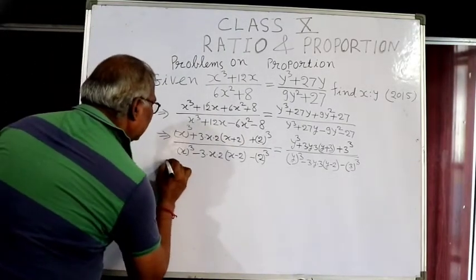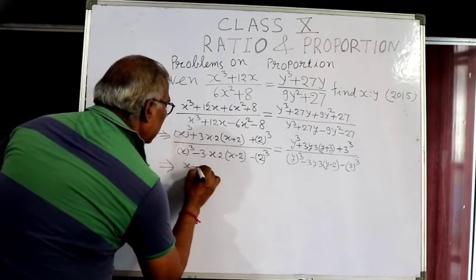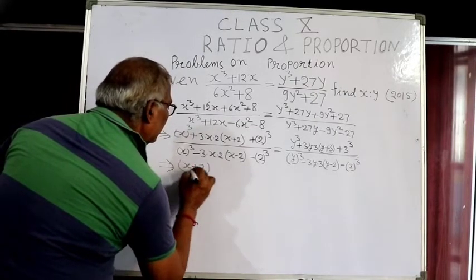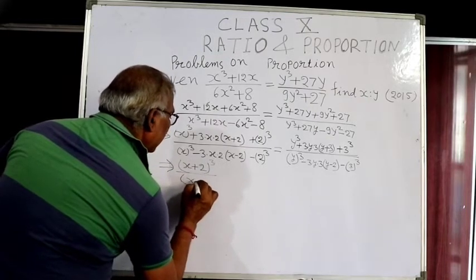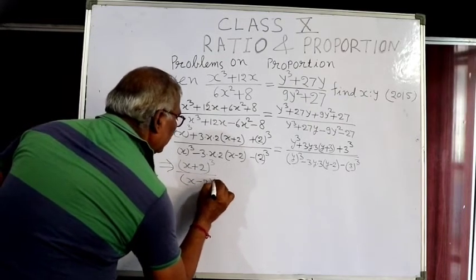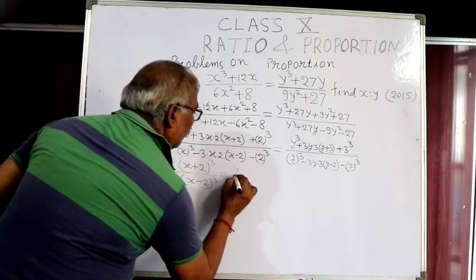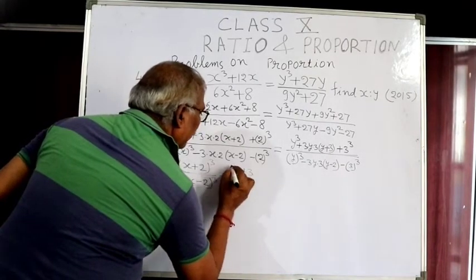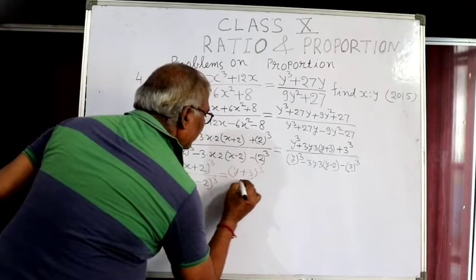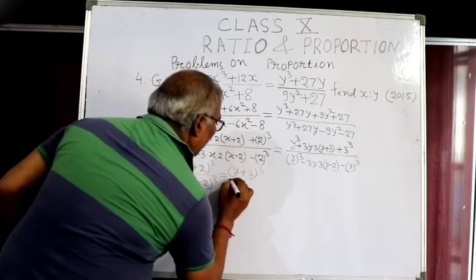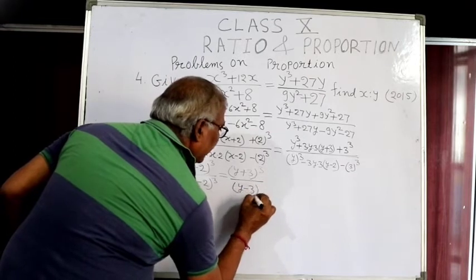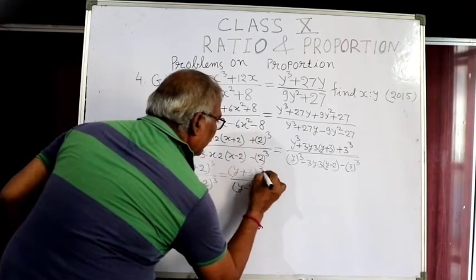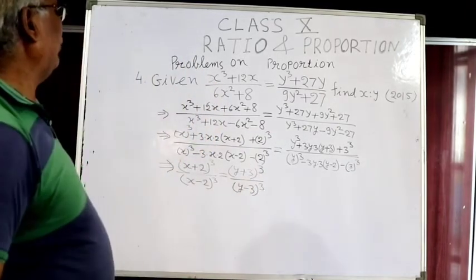This implies x plus 2 whole cube upon x minus 2 whole cube is equal to y plus 3 whole cube upon y minus 3 whole cube.